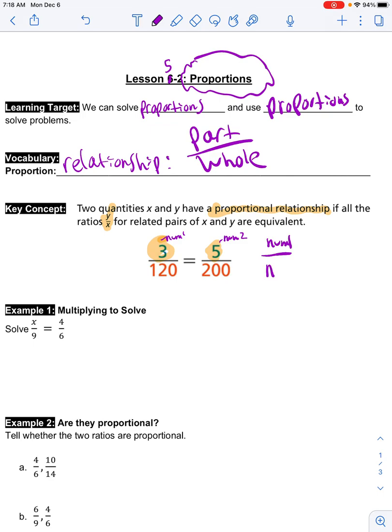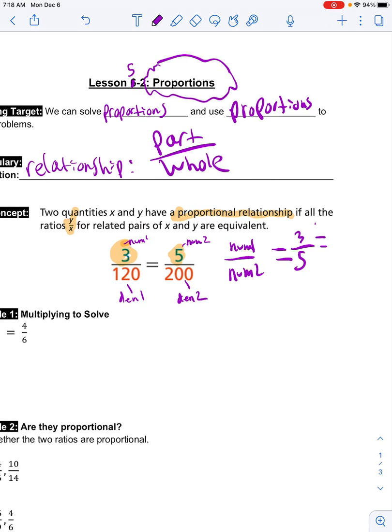We're going to say numerator 1 over numerator 2, and hopefully that's going to be equal to the denominator 1 and denominator 2. So I'm going to put numerator 1 on top, which is 3, and numerator 2 on bottom, which is 5. And we're going to check to see, does it equal the same thing? Since I put 3 on top, I should also put 120 over 200.